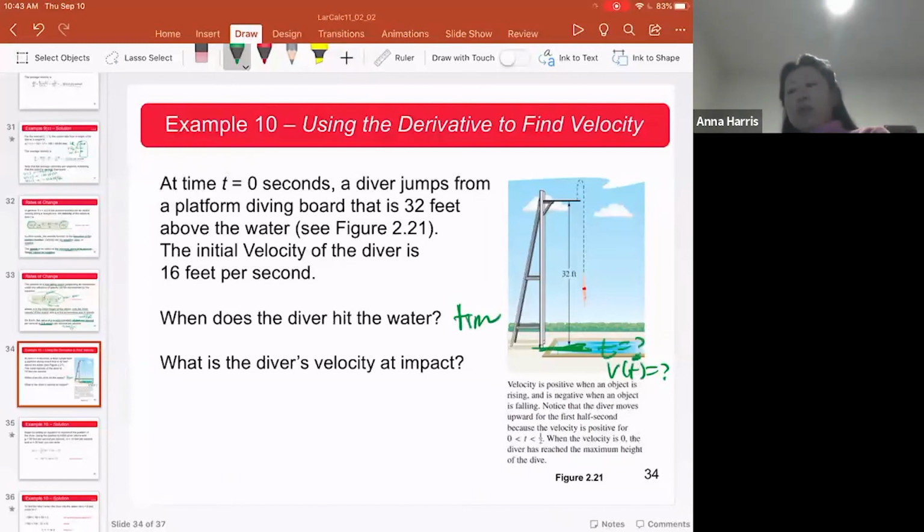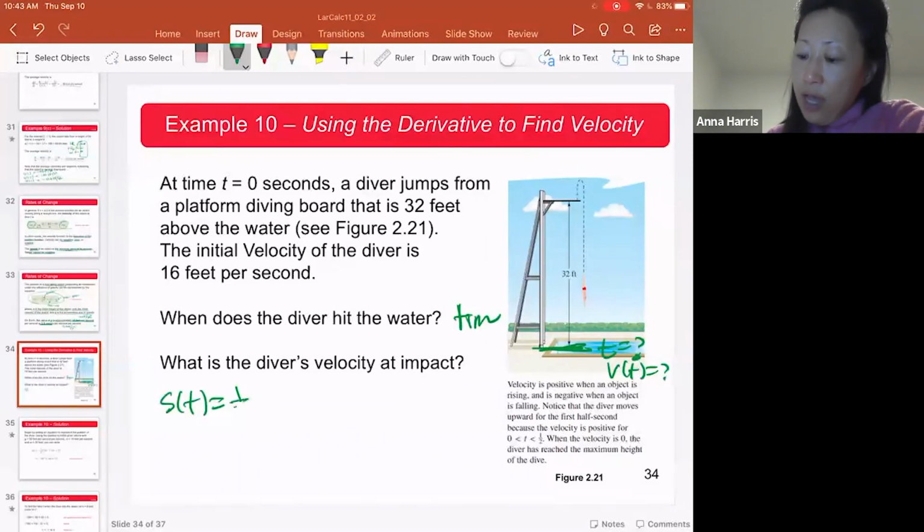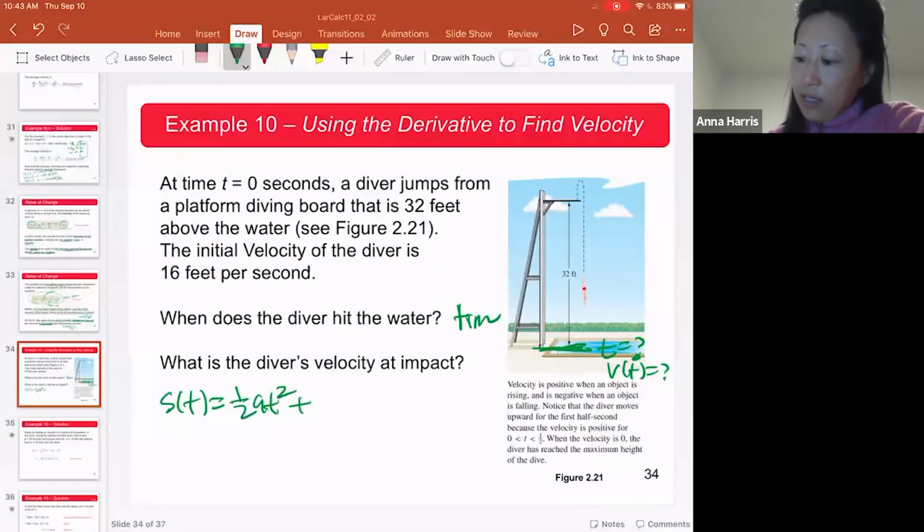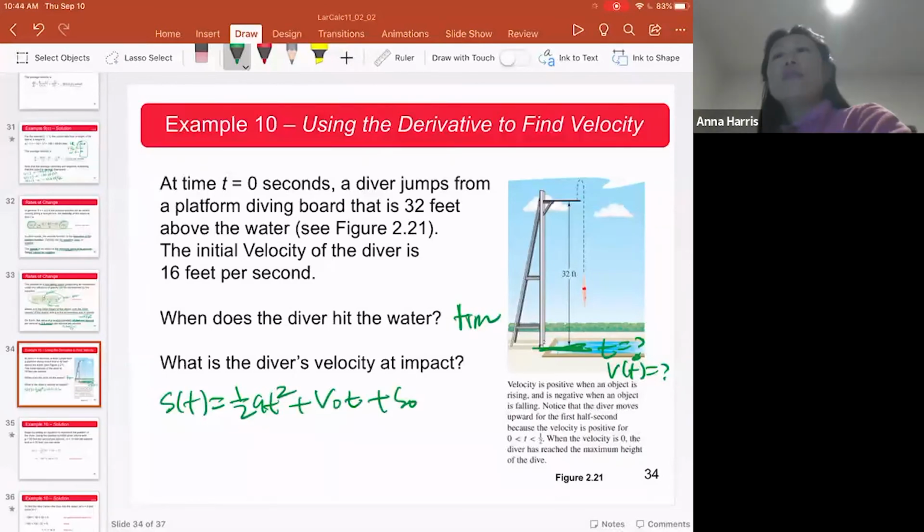Okay, so next thing we need to figure out, remember they gave you the equation, s(t) is equal to negative 1/2 G t squared plus V naught t plus S naught. That's what they gave you. So I'm going to use that and just change it into whatever they gave me.